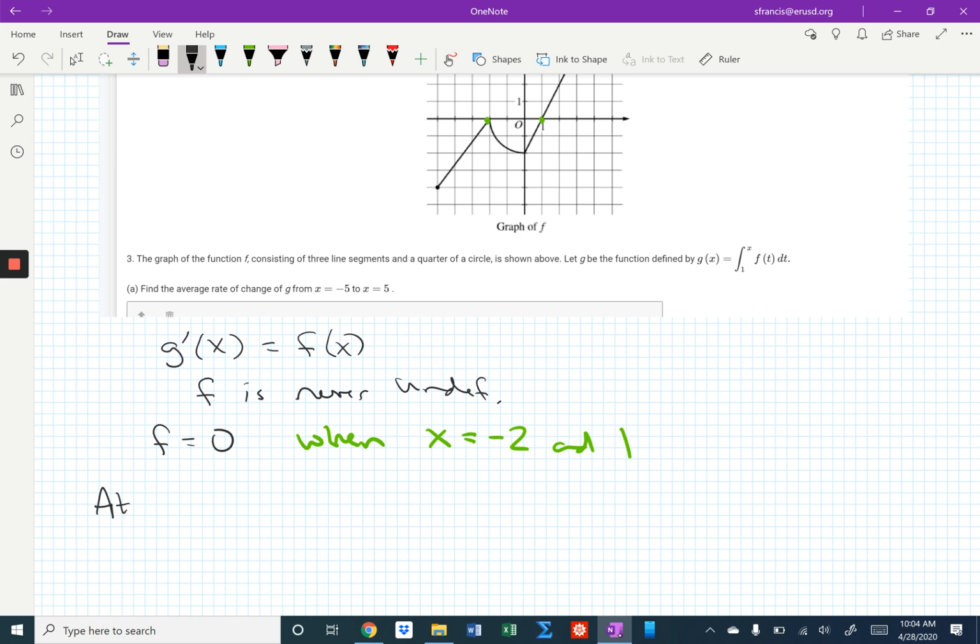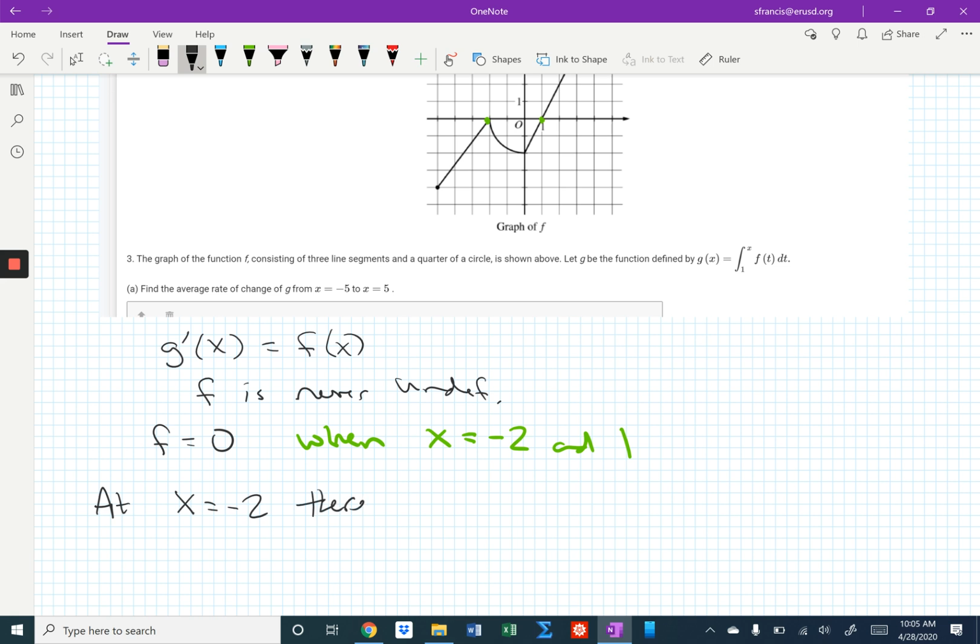What's happening at x equals -2? Well, if we're using our first derivative test, the first derivative has to change signs for there to be a local extremum there, okay? Local max or local min, right? But right before -2, the graph of f is negative. Right after, still negative, okay?